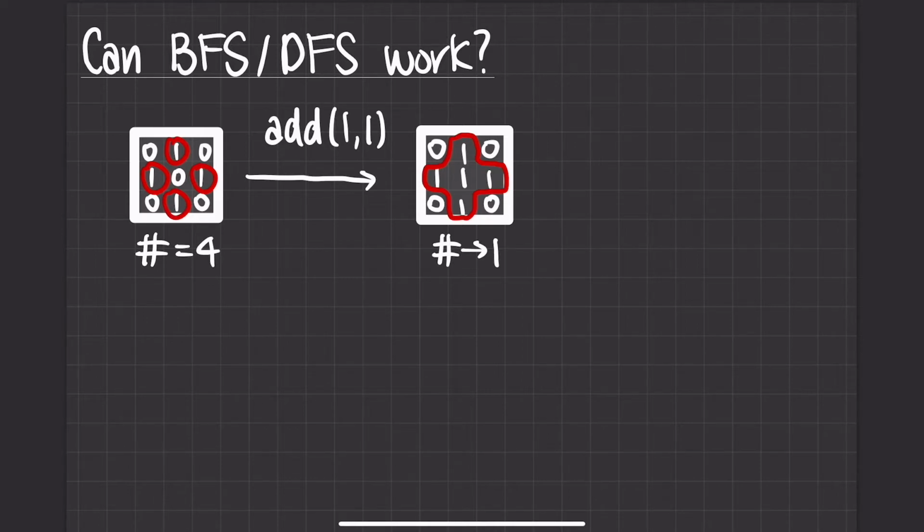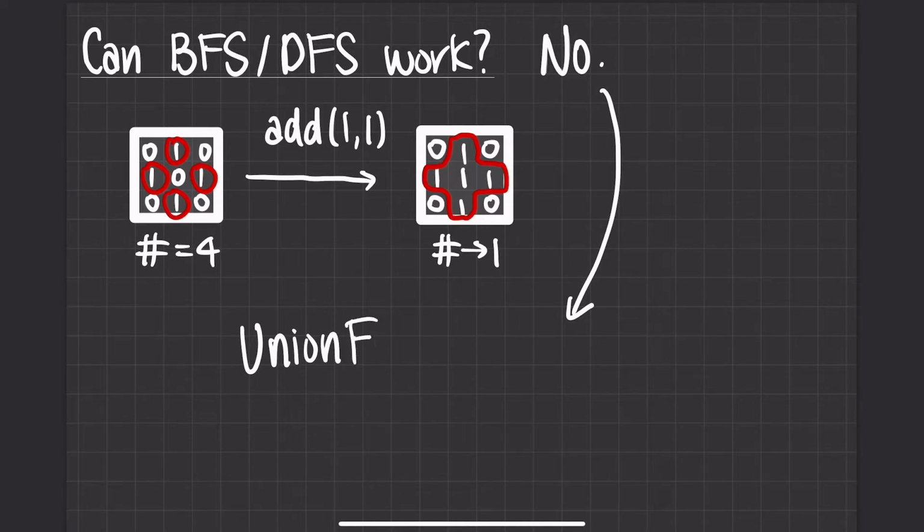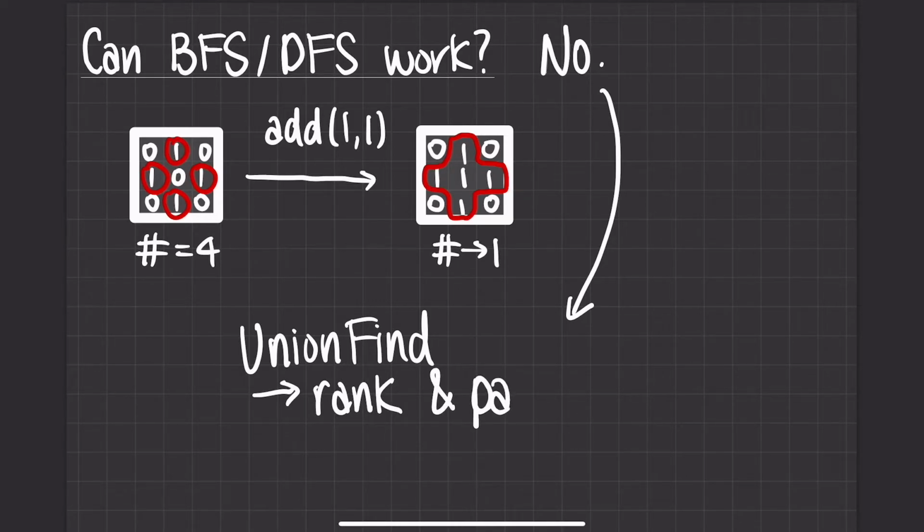So no, we cannot use BFS or DFS, but instead we have to use UnionFind. And while UnionFind is definitely an accepted way to go, in this solution video I'm going to discuss UnionFind implemented with rank and path compression, which is going to give us a much more efficient, time-wise implementation of UnionFind.